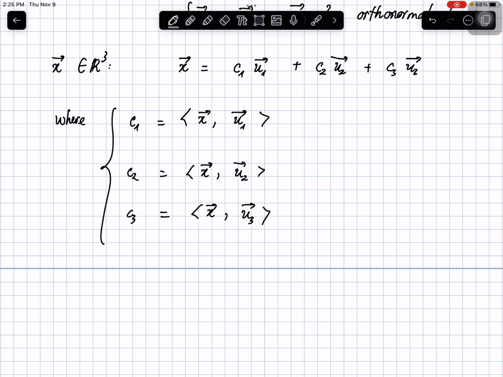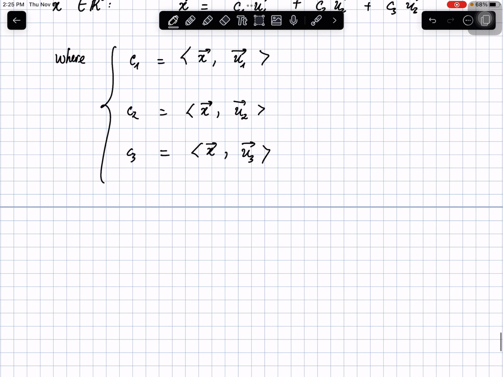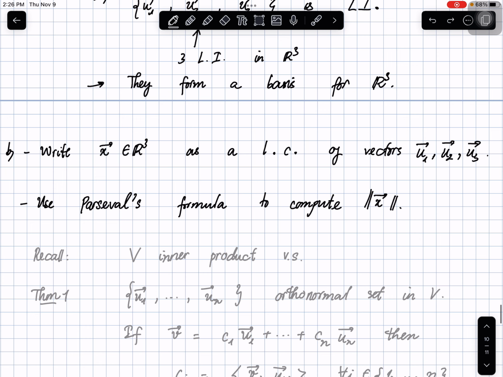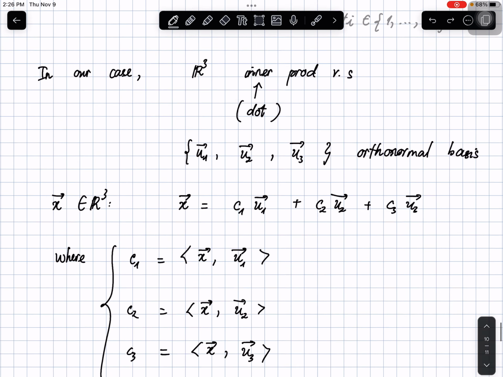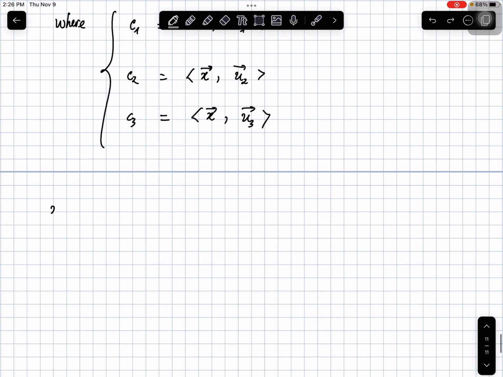Okay, so let's look at our exercise. In our case, x is the vector (1, 1, 1) transpose.